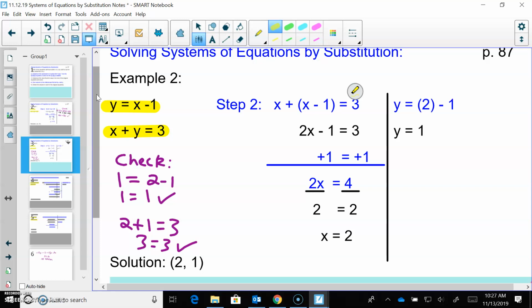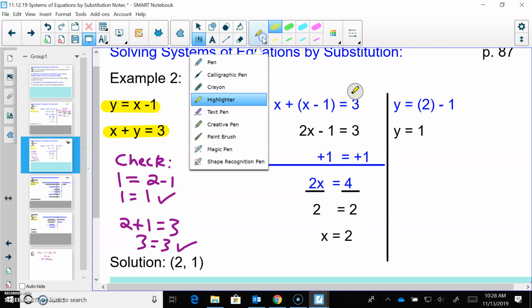Now I told the kids, because I have x already, the top equation is going to be the easiest one to plug x into in order to figure out what y is, because it already says y equals. So if you look to the right side of where we just did step 2, on the right side of that black line that I drew straight down, all I did was plug in 2 for x into the top equation.